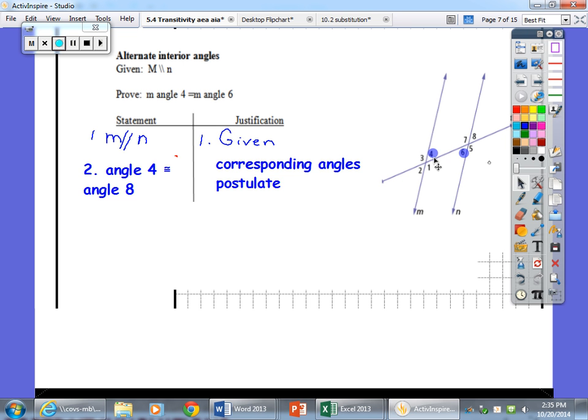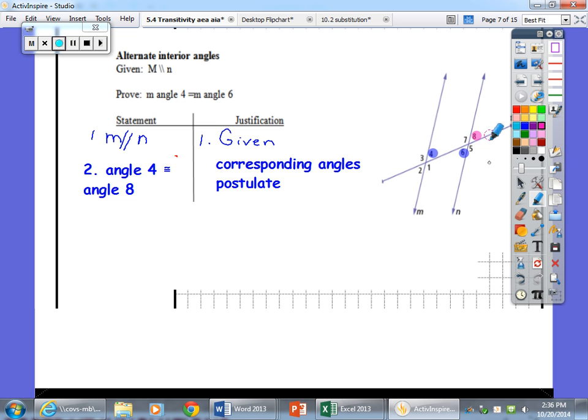One thing that I noticed was that I could relate these by looking at angle 8, because angle 8 is corresponding to 4 and it's vertical to 6, so I could use angle 8 as my pathway to get from 4 to 6, so that's why I started there.